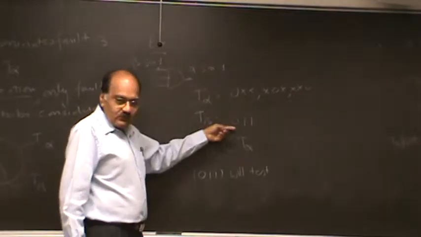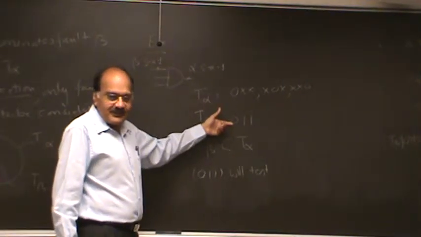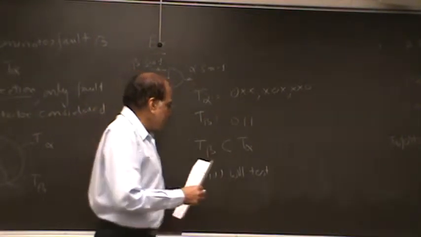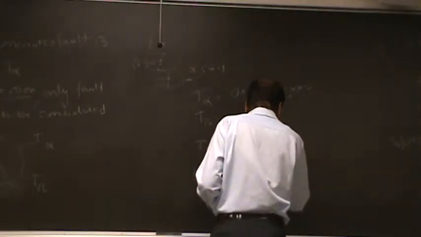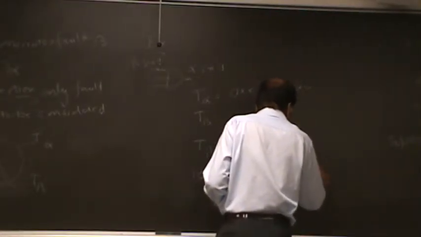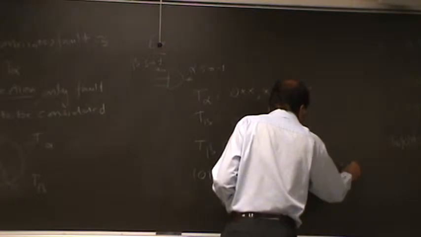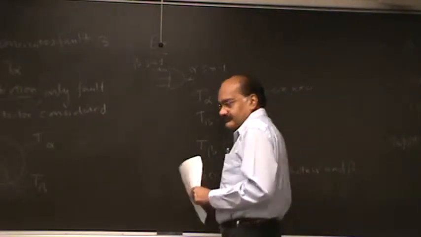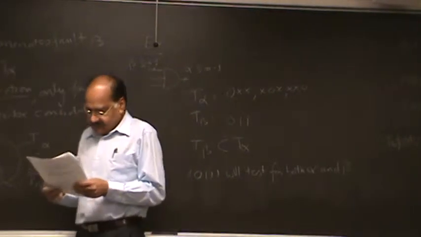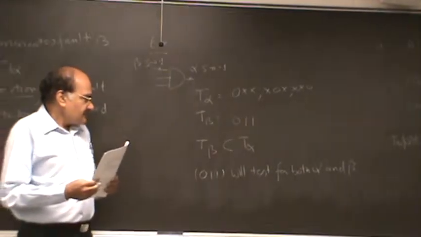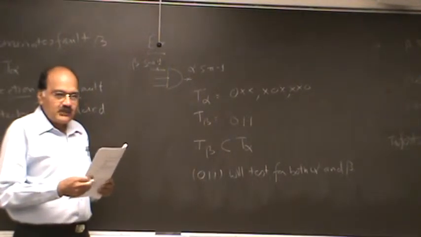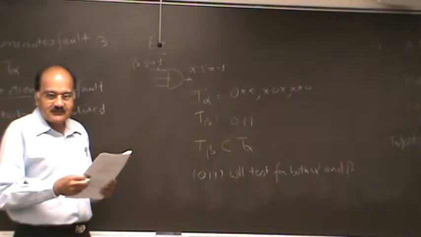You have to pick only this one. There's only one choice. So 0, 1, 1 will test for both alpha and beta. And of course that will work if you are interested in fault detection.